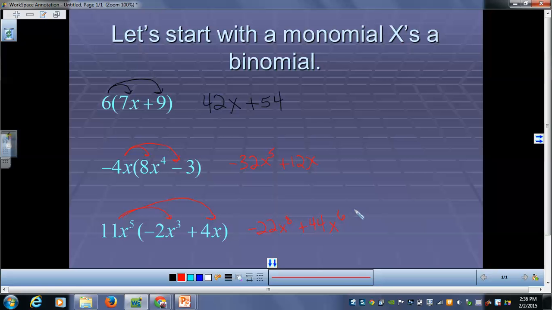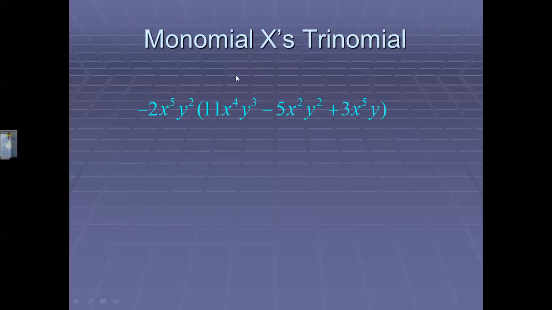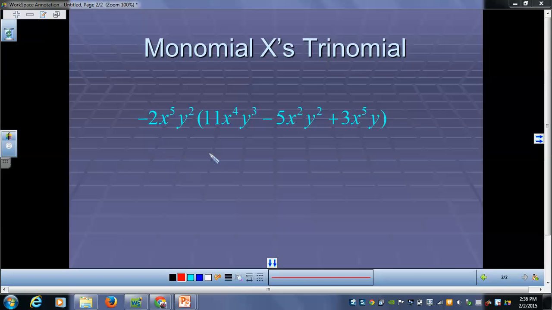We can look at another example here which has more than one variable. We're still following the distributive property. So we are still going to distribute here, and then here, and then here. As we do each distribution, coefficient to coefficient, base x to base x, base y to base y.